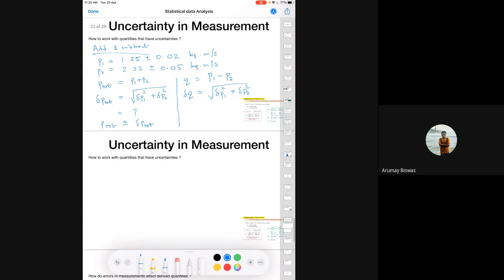Anyway, we've covered addition and subtraction. Now the next is, of course, multiplication and division.